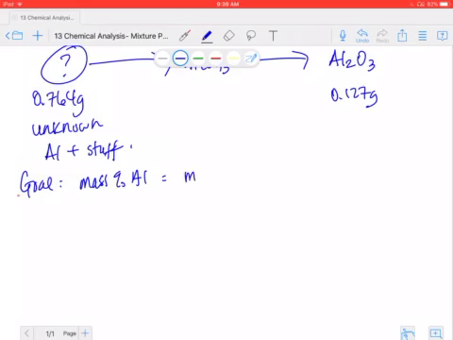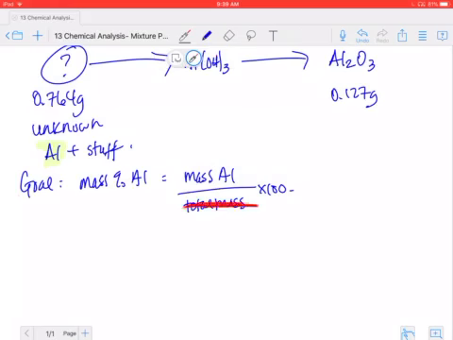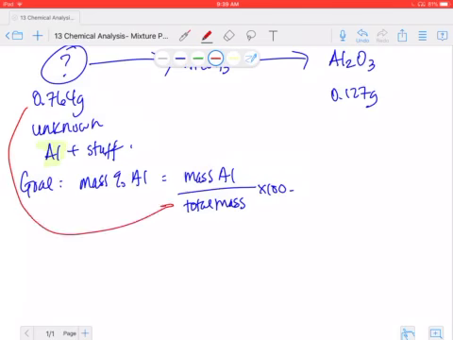This means we need the mass of aluminum over the total mass, times 100. I'm looking for this aluminum in that whole thing. The bottom number, the total mass, is the total mass of this unknown sample that I have, so that's that 0.764.